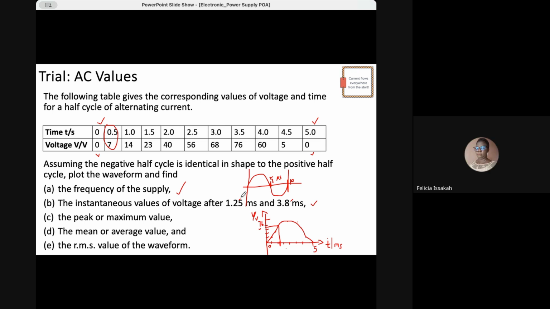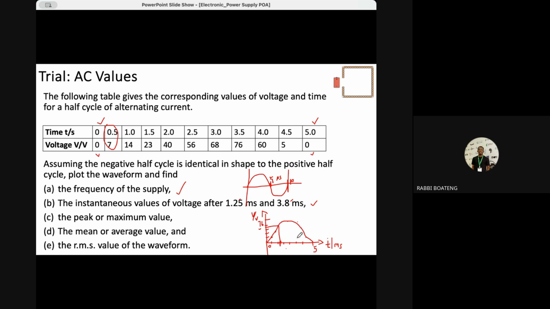Sir Abby, please, your explanation concerning the instantaneous that you drew on the graph, can you go over that one? Okay, so after drawing the curve, if you want to find its corresponding voltage, because we are given time, I want to know the voltage that I will get at a particular time. Is that okay? So look on the time. The time 1.25, where does it fall? If it falls around this end, draw a line to meet the curve at the top, then trace it towards the voltage part.